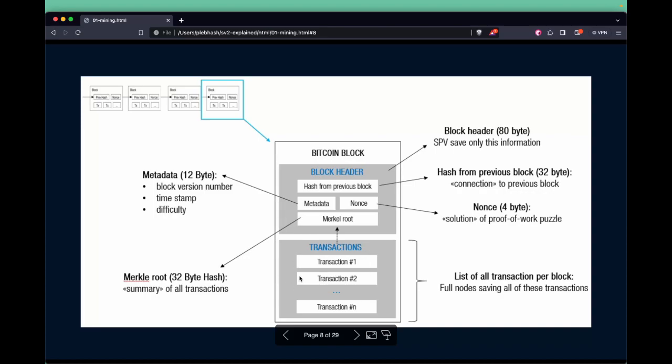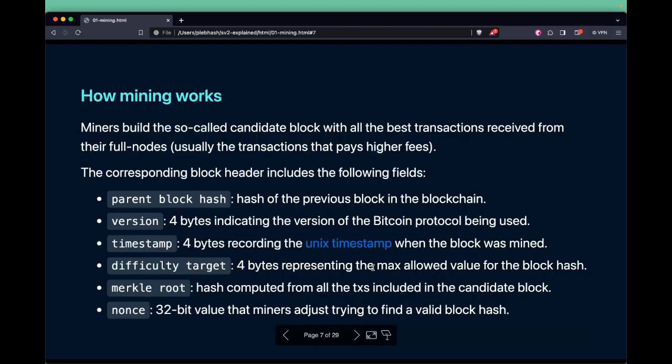Then we have the transactions, as you can see here, they're not part of the block header. They are kind of separate to the block header. But what you can do is use some fancy cryptographic techniques and combine hashing functions in a way that you're gonna find one 32-byte hash that uniquely represents all the transactions contained in this block.